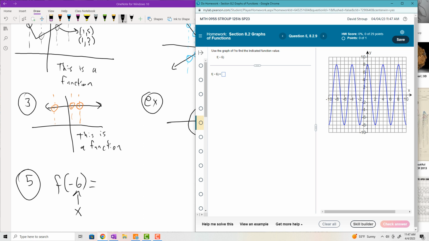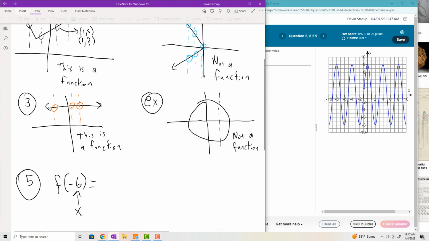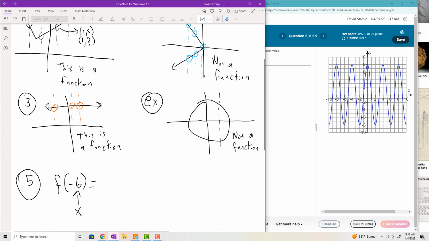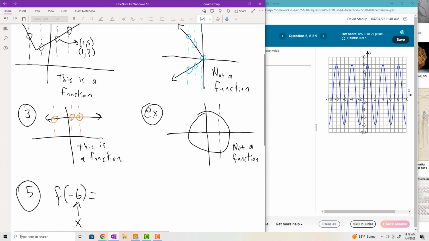and then go down. See if I can really quickly copy and paste this thing. Maybe copy image and then paste here. Where'd it go?